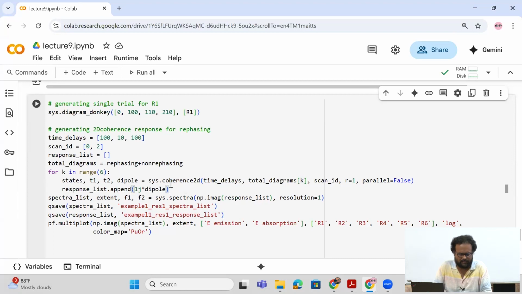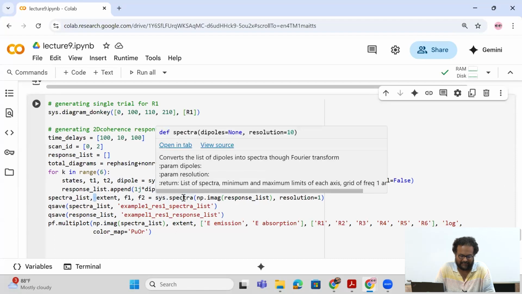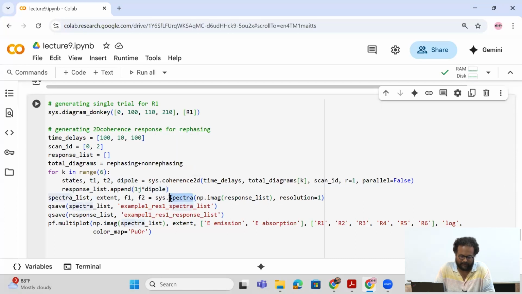So these will give rise to the states and the dipole, and then the response is calculated here. The response list: you take the dipole and minus i times the dipole is your response. Then there is this thing called system.spectra that actually calculates the 2D spectra.